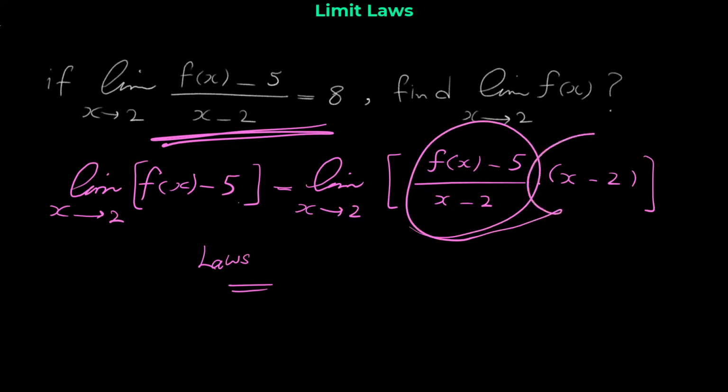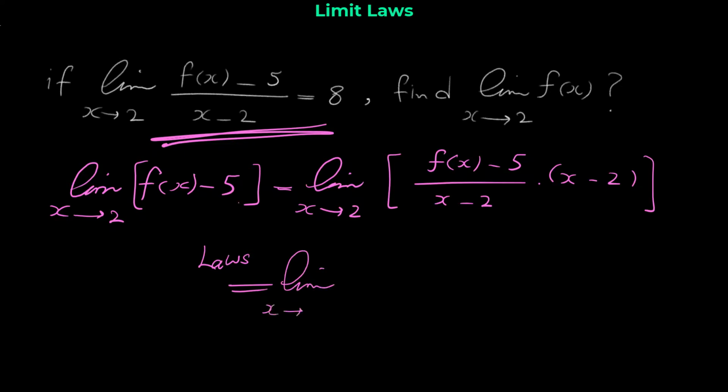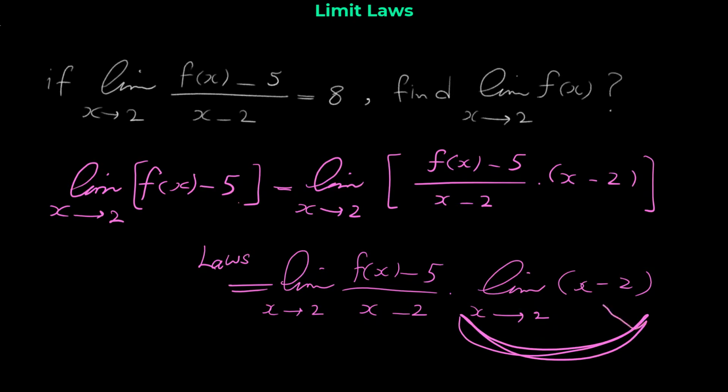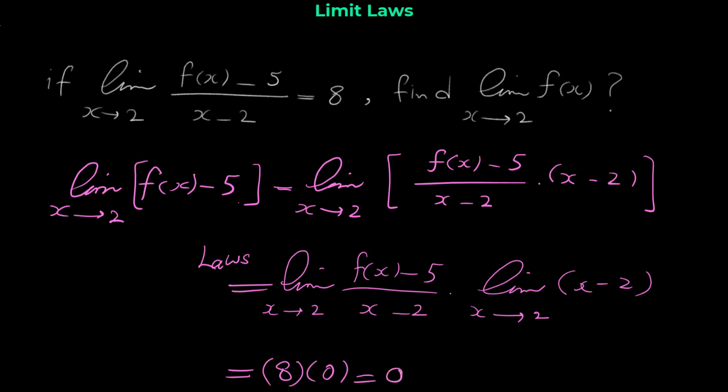Because this limit exists and this limit exists, I can separate this and write it as the limit as x approaches 2 of (f(x) - 5)/(x - 2) times the limit of x minus 2 as x approaches 2. Based on the given information, the first limit is 8. The second limit is 0 because 2 minus 2 is 0. So this equals 8 times 0, which equals 0, of course. So the limit of f(x) minus 5 as x approaches 2 is 0.